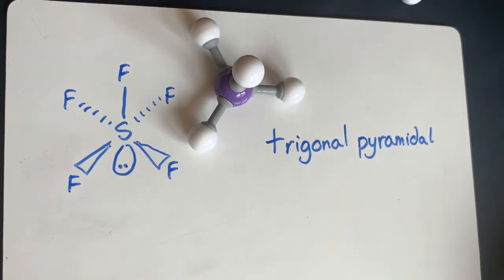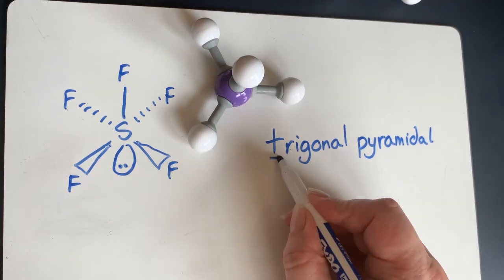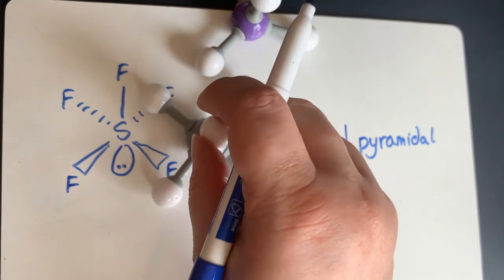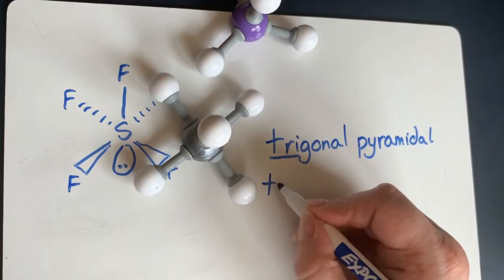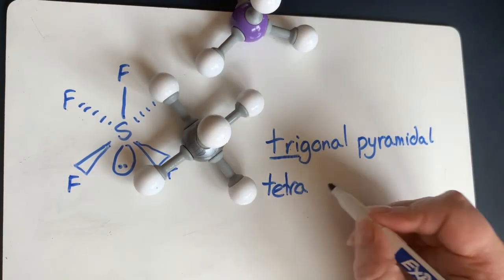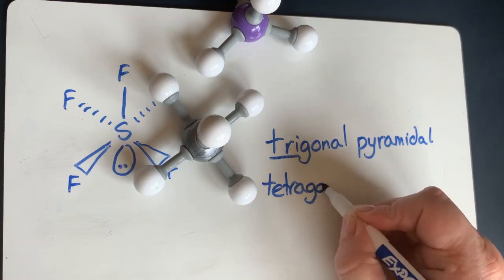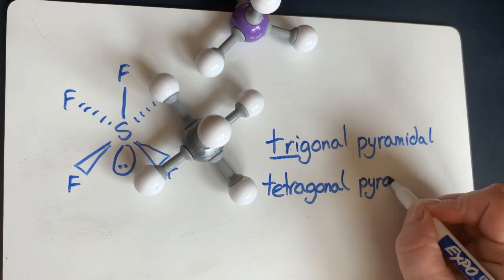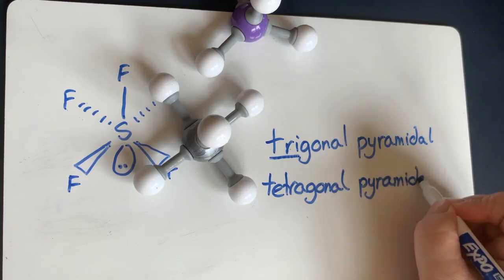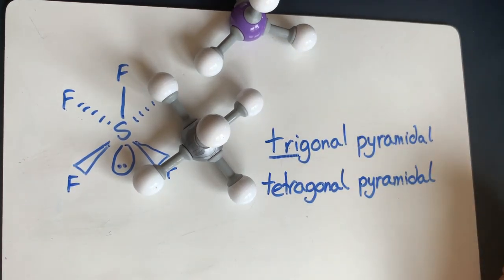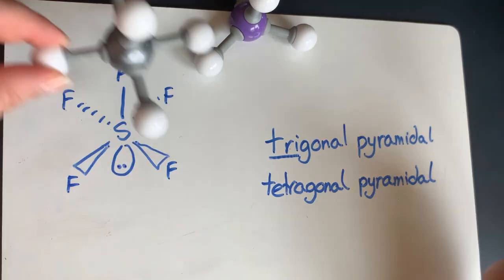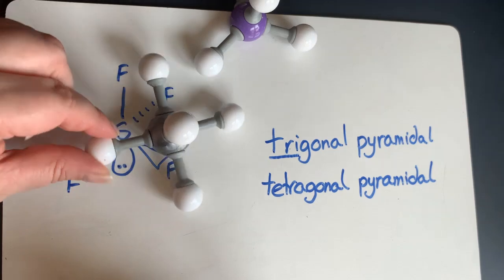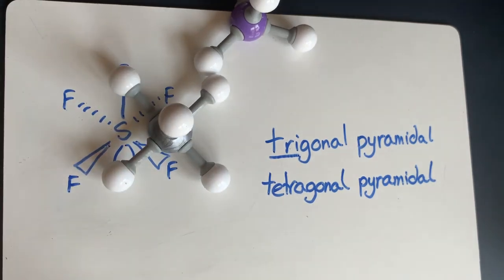But in chemistry, instead of the prefix tri, when we have 4 things to consider, we would go for tetra, which leads us to tetragonal pyramidal. So although the structure of the electron pairs was octahedral, the actual shape of the molecule is tetragonal pyramidal.